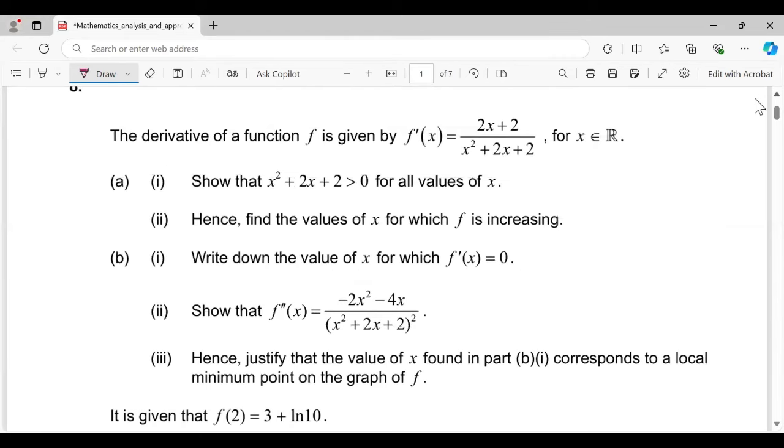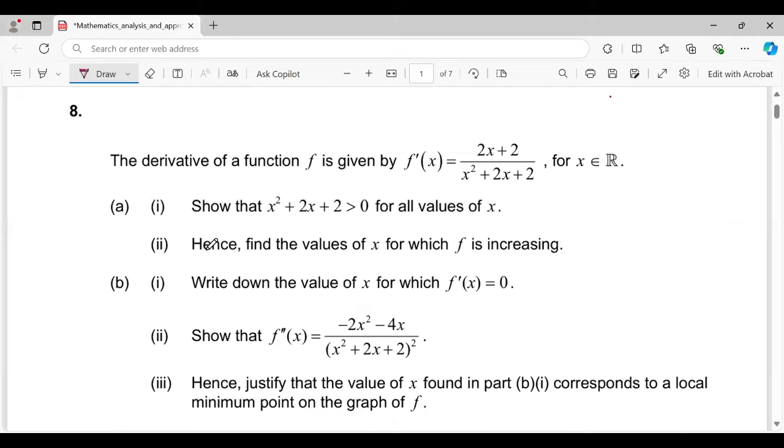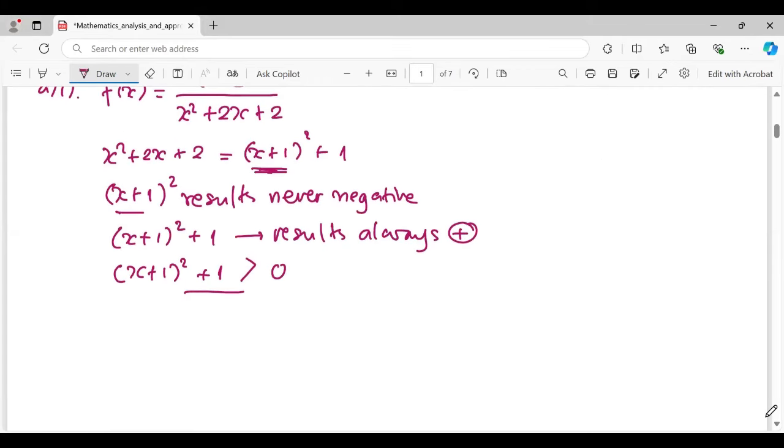Next. Hence, find the values of x for which f is increasing. f is increasing if the first derivative is greater than 0.